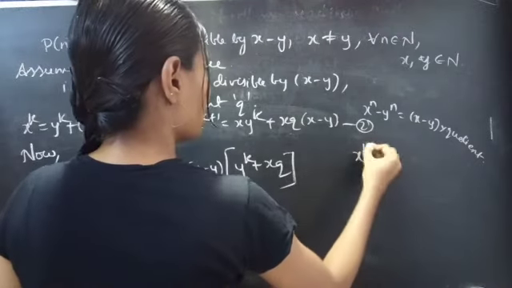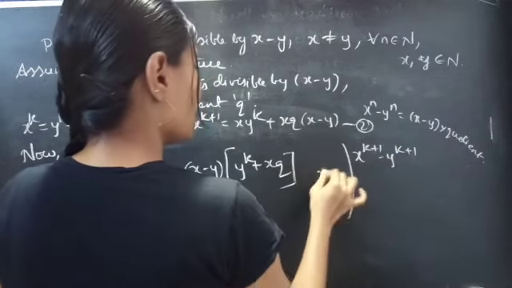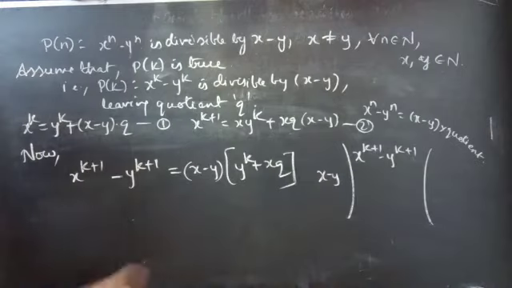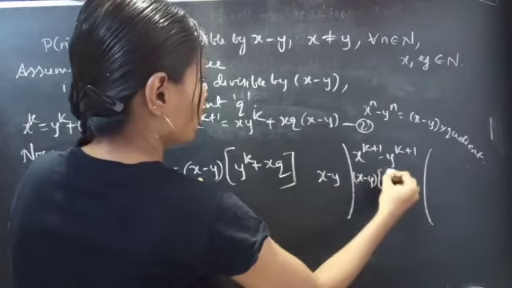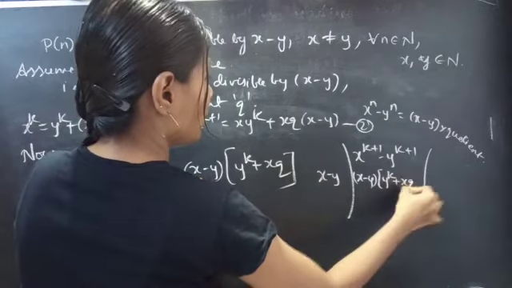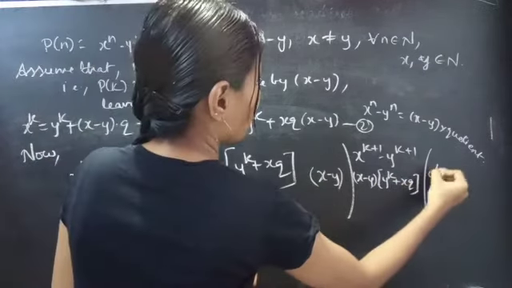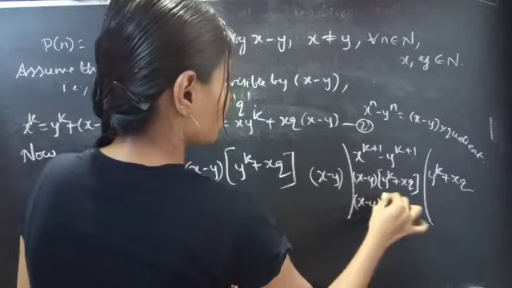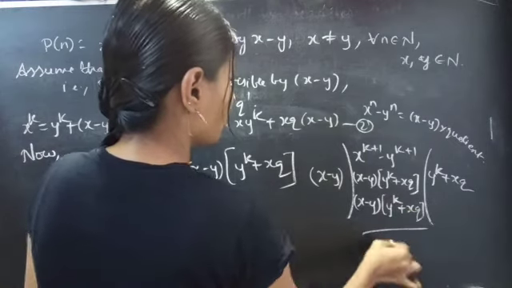Okay. Let's see, x power k plus 1 minus y power k plus 1 is divisible by x minus y or not. x power k plus 1 minus y power k plus 1 is x minus y times y power k plus x cube, right? Then x minus y into y power k plus x cube gives x minus y into y power k plus x cube, remainder 0.